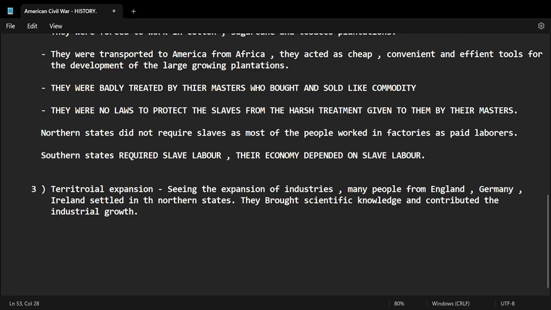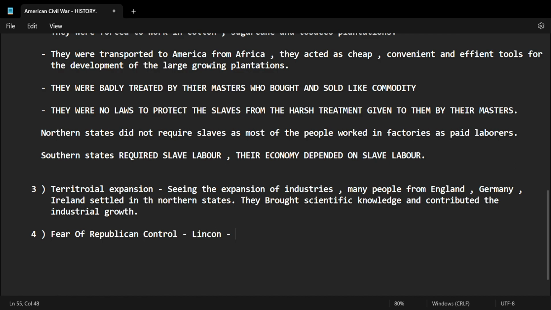Now this is the fear of Republican control. The fear of Republican control is the fourth reason.